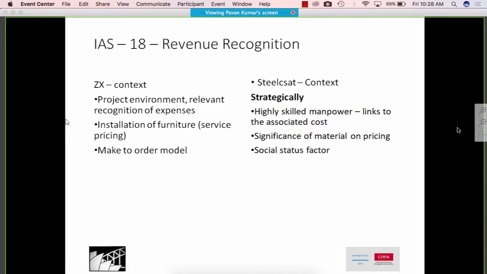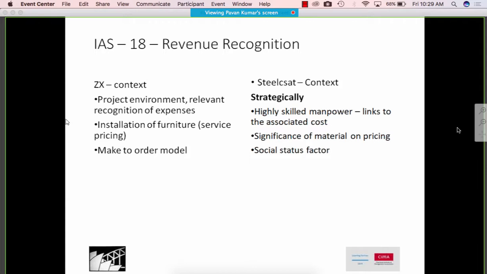So how are you going to price your service within the overall price that you're quoting to the customer if the service is going to be over a period of time? There is a specific mention of this in IS 18, and I want you to think about it and link it back to the case study. And of course, the company follows the make to order model, which is what we believe is evident from the case study.